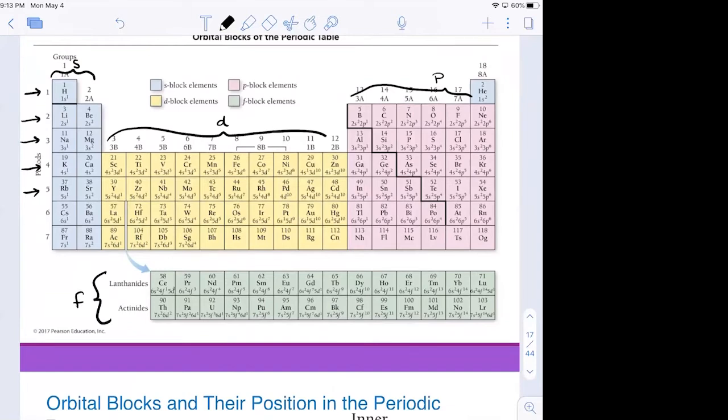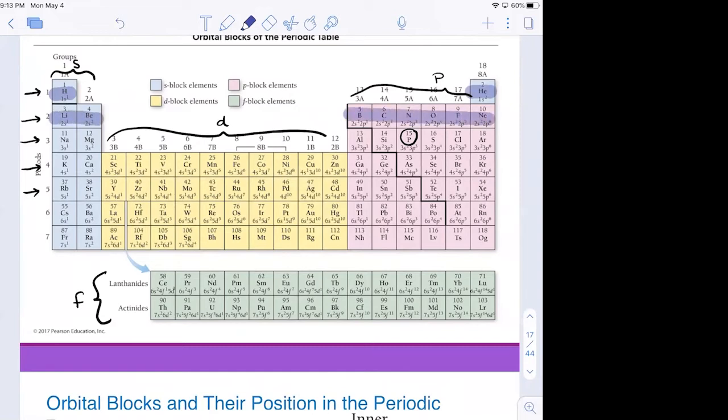So let's say, for instance, we wanted to look back at phosphorus. You start, I'm going to highlight so that we don't block, but I'm going to highlight what would be helpful to look at. 1s2, 2s2, 2p6.